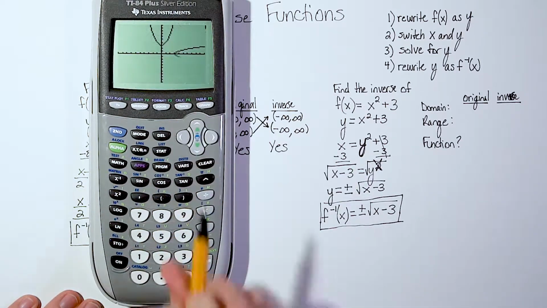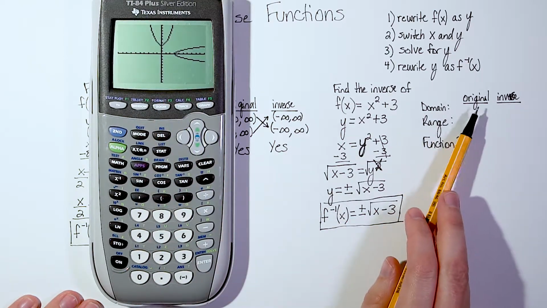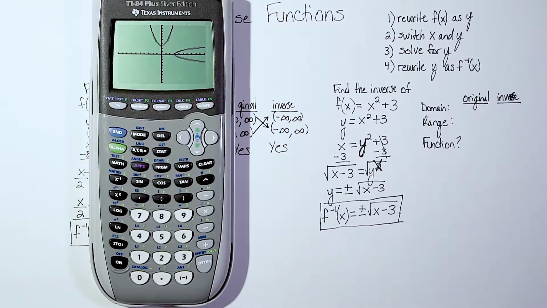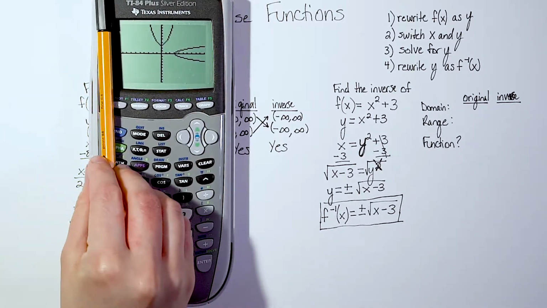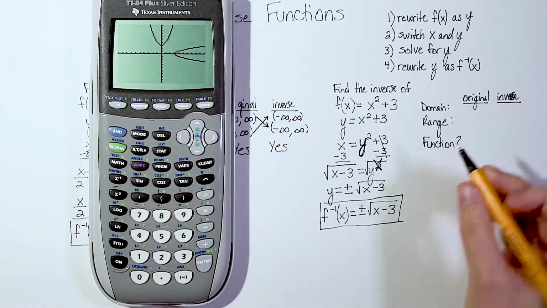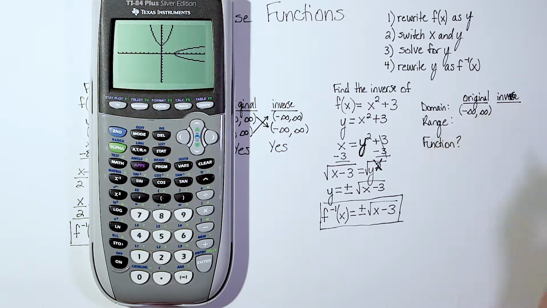Okay. So remember, this right here was the original. So if I want to know the original domain and range, so I'm not focused on that one facing to the side, just the top one. When I look at it left to right, I get negative infinity to positive infinity.